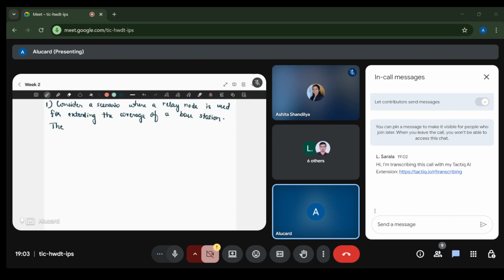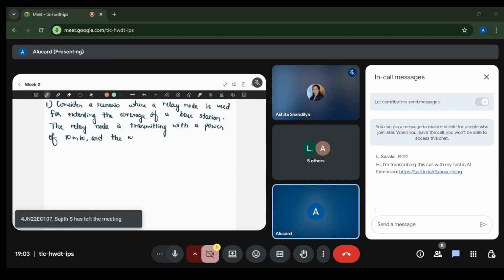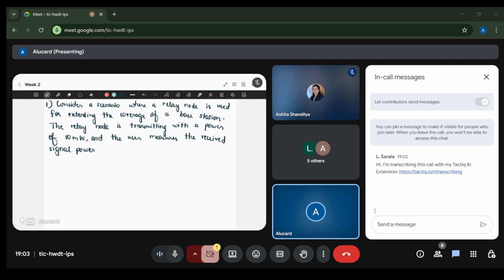The relay node is transmitting with a power of 10 milliwatts, and the user measures the received signal power as minus 90 dB watts.